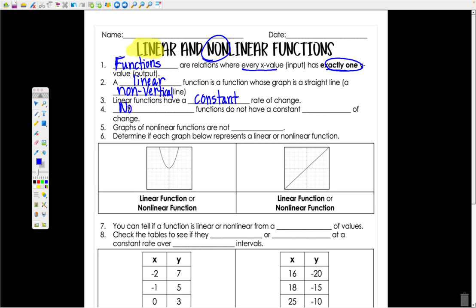Nonlinear functions do not have a constant rate of change. Meaning as your x values increase or decrease at the same value, the y values are not increasing or decreasing at the same value. Graphs of nonlinear functions are not straight lines.